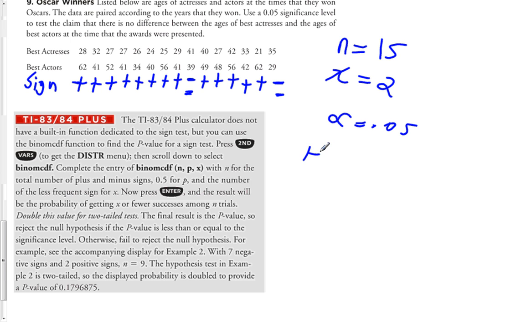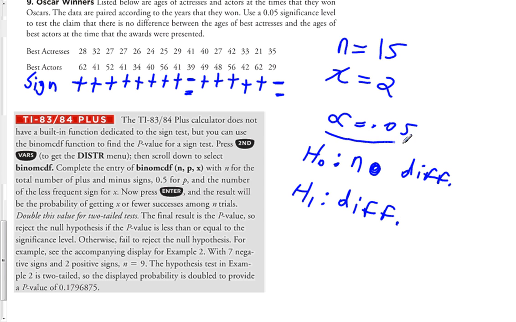The null hypothesis is that there's no difference. And the alternative hypothesis is that there is a difference. All right, so now we're going to find a p-value and compare it to our level of significance so that we can come up with a conclusion.